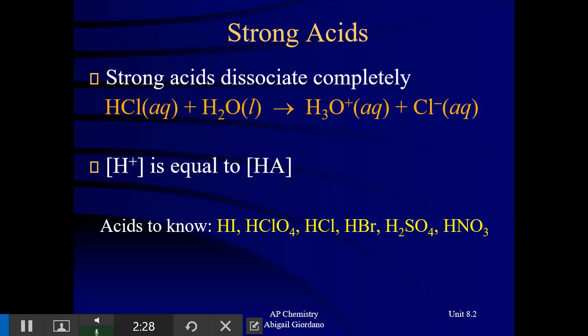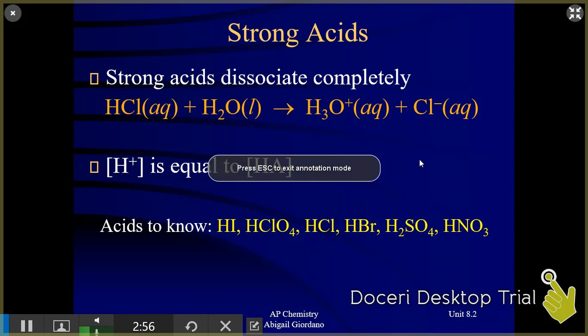Now, if you will recall back to our solubility rules, we had a rule related to acids, and it listed these 6 acids. These are the 6 strong acids that you need to know. Commit them to memory, ladies and gentlemen. These 6 are the acids that completely dissociate.